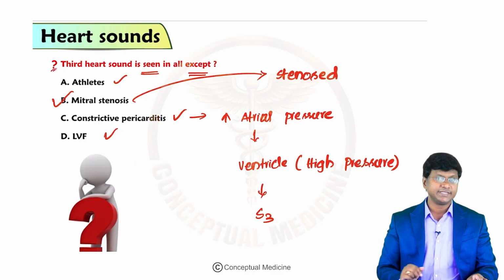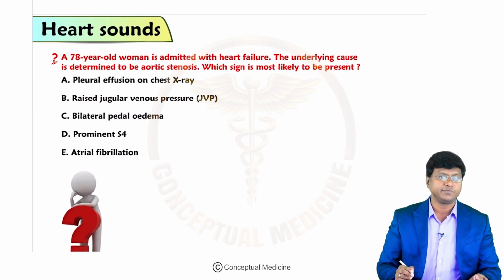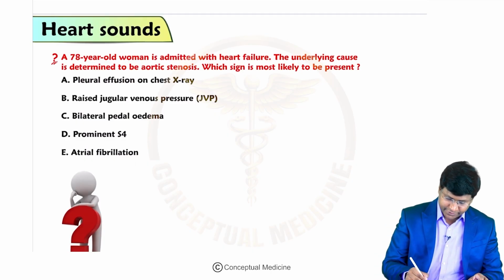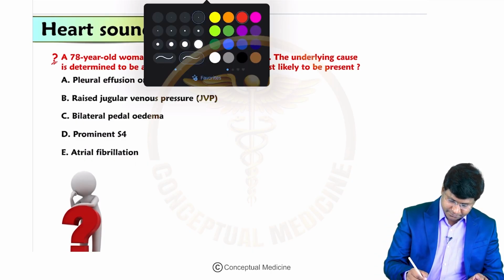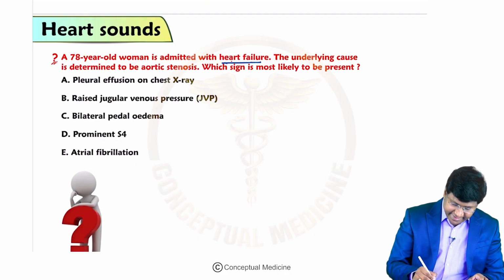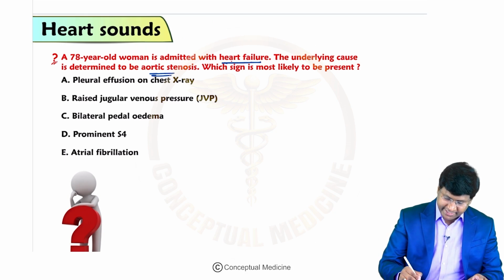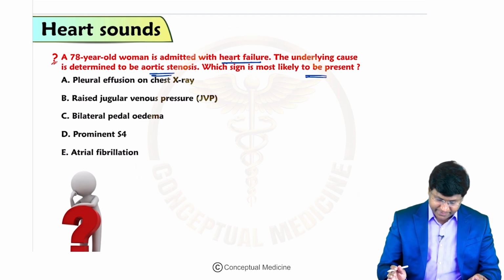Next, you see this question. A 78-year-old woman is admitted with heart failure. The underlying cause is determined to be aortic stenosis. Which sign is most likely to be present?